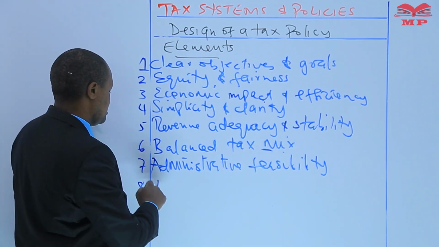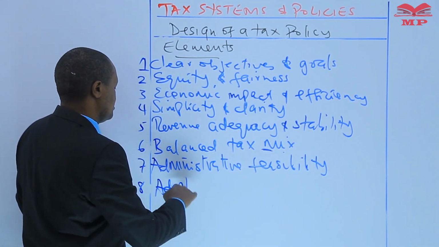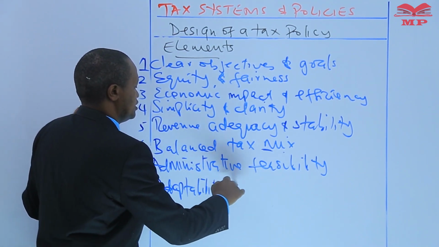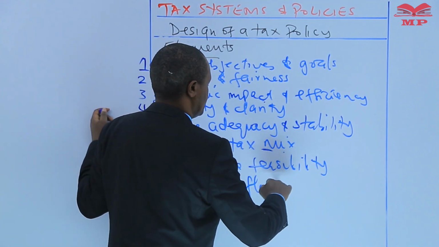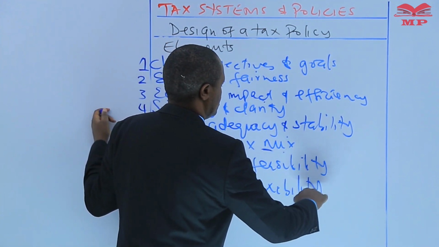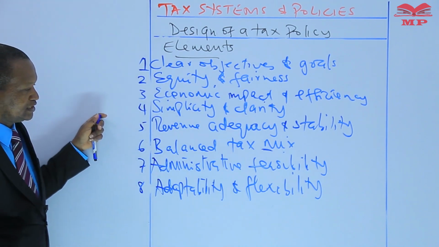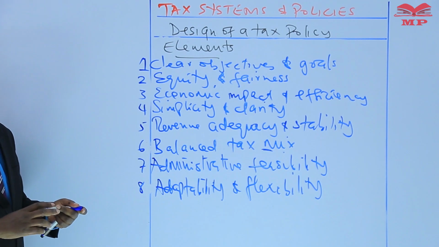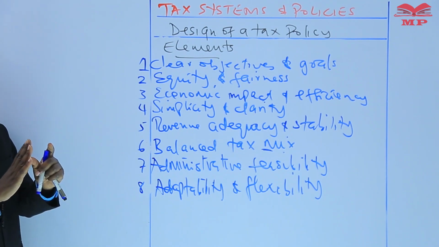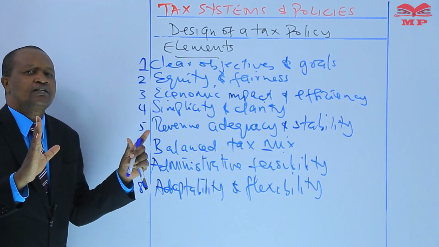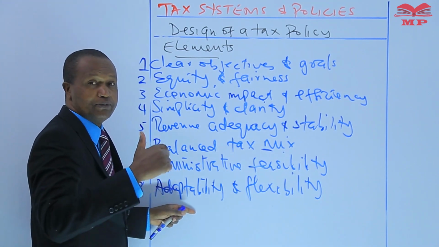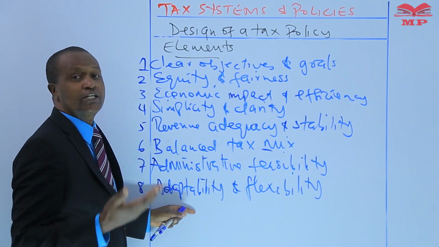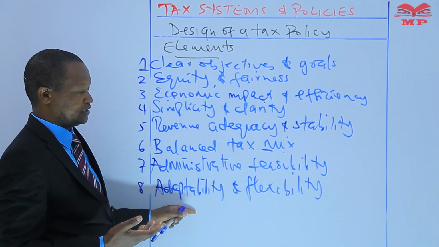Number 8, adaptability and flexibility. That means designing the tax policy to be adaptable to changes in the economy, changes in technology, and even social needs.